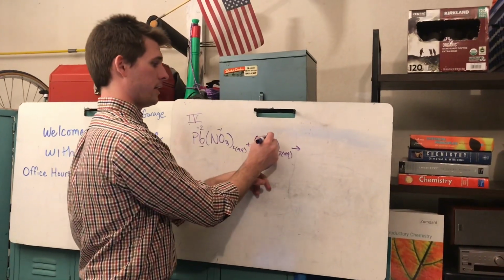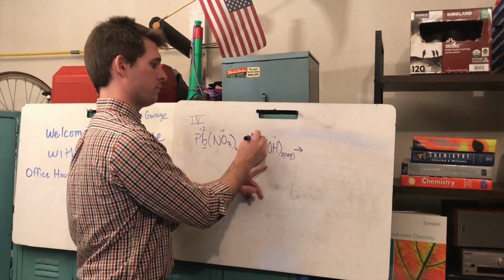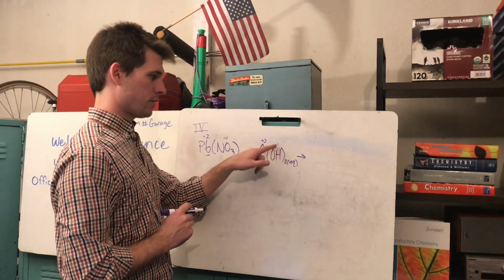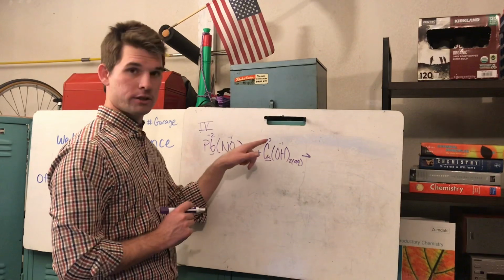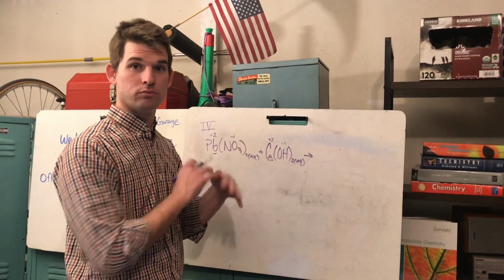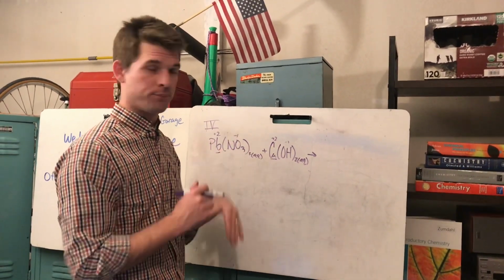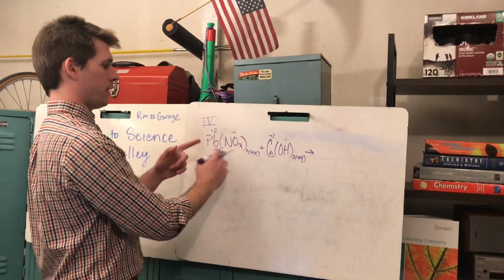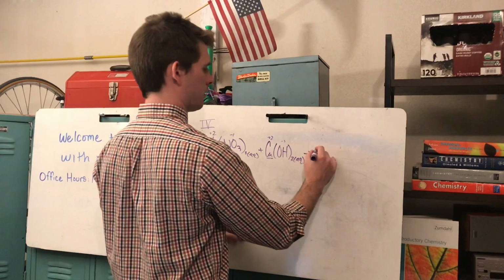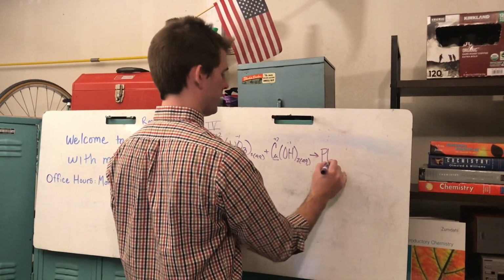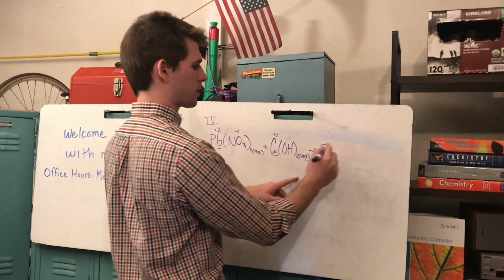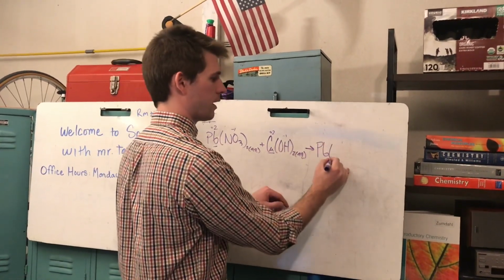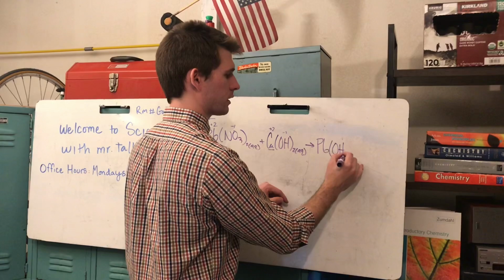Hydroxide has a -1 charge, and calcium has a +2 charge. There are 2 hydroxides, 2 -1s, and 1 +2. That's going to cancel out, be neutral as well. Okay, so we're going to switch calcium and lead, so we'll end up with lead combined with hydroxide. And because lead is +2 and hydroxide is -1, I'm going to need 2 hydroxides again.